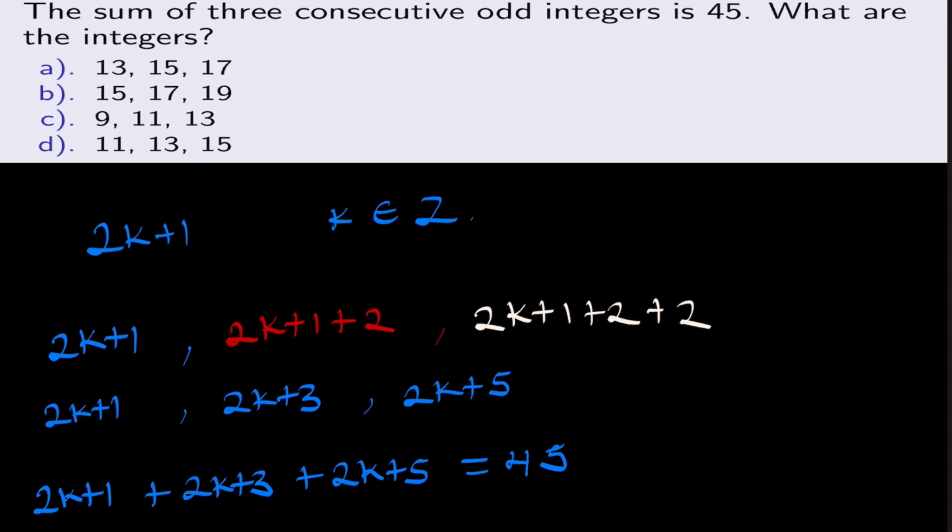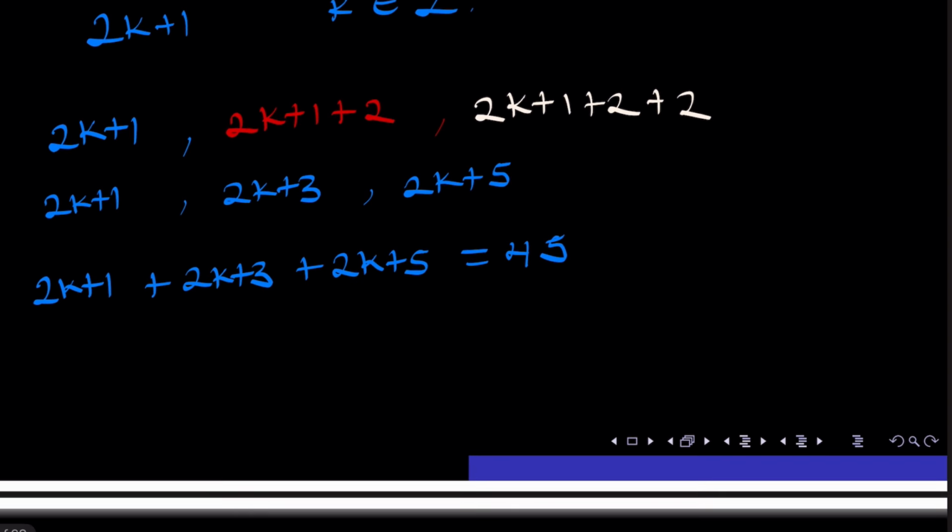So now let's simplify and find k. So we need to add the like terms. So here will be 2k plus 2k plus 2k, which is 6k. Then we add the numbers 1 plus 3, which is 4, plus 5, which is 9. So here will be 6k plus 9 is equal to 45.